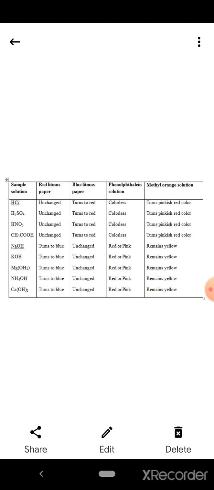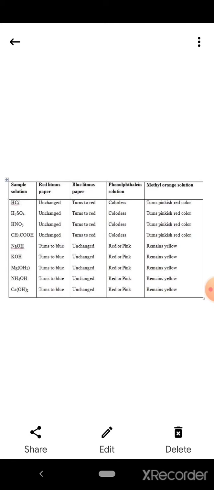On the addition of phenolphthalein indicator, HCl solution becomes colorless, while if we use methyl orange solution, it turns pinkish red in color.